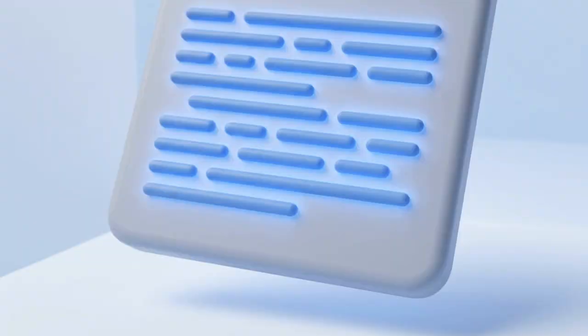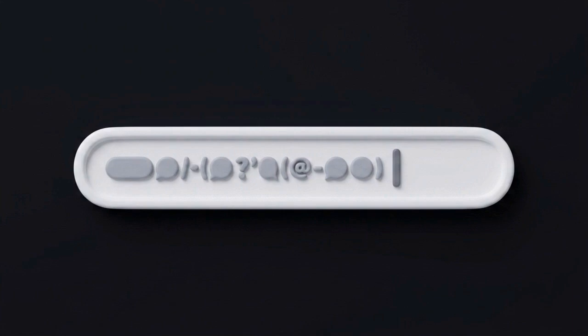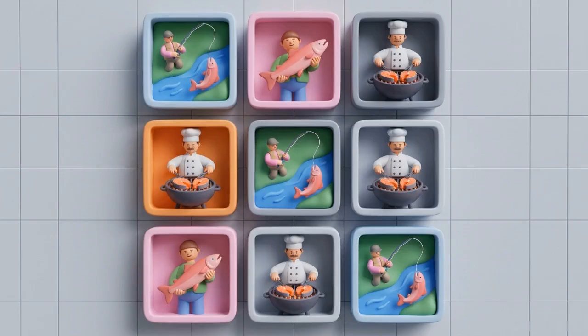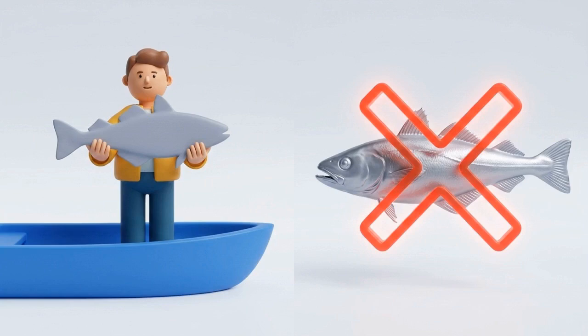However, relying exclusively on meaning creates a new problem. Vector search is so good at finding similar things that it can sometimes struggle with specific hard facts. If you search for the species Alaskan pollock, a pure vector search might return high-quality results about fishing for salmon because the context is so similar. It understands the vibe of fishing, but it might miss the specific fish you actually named.